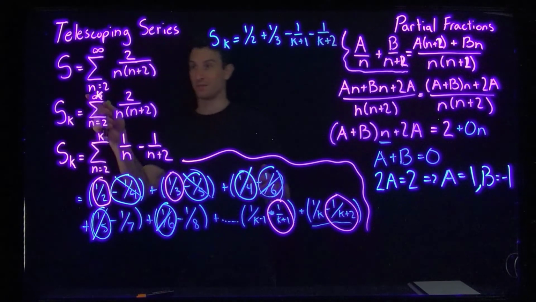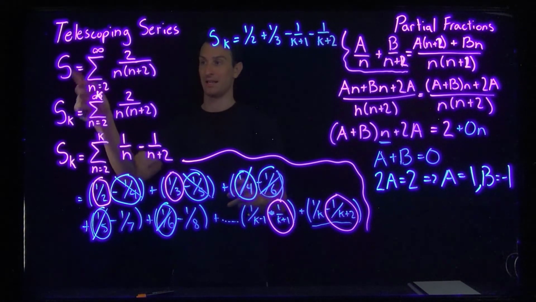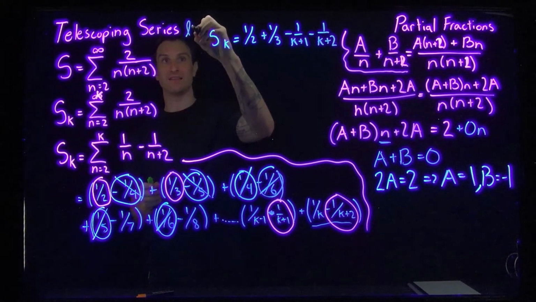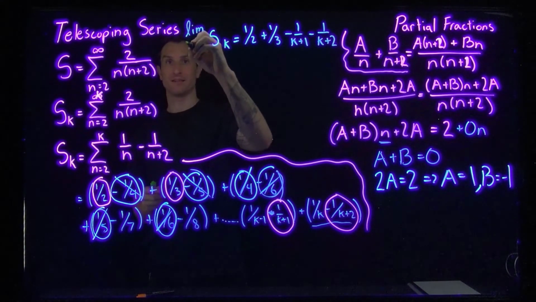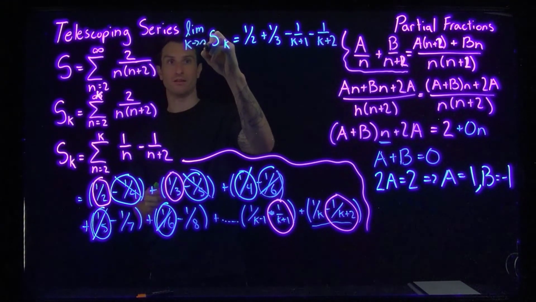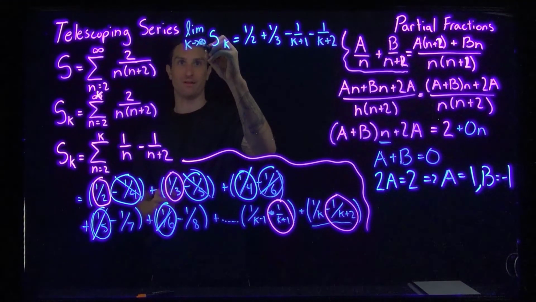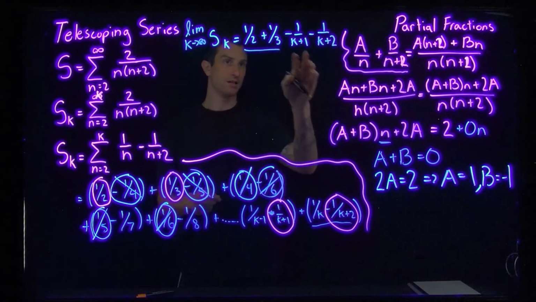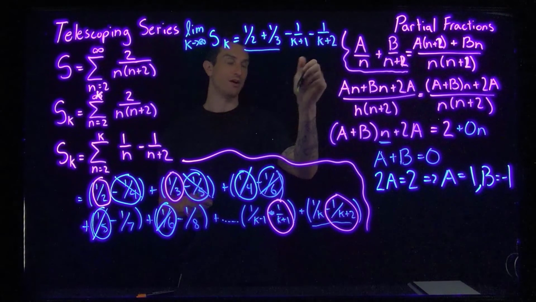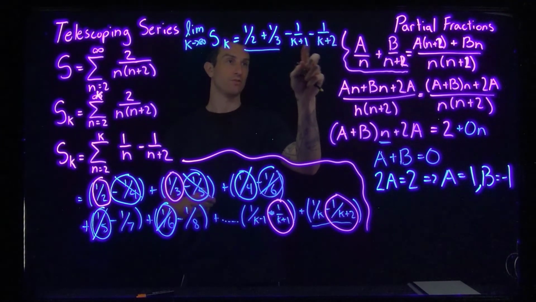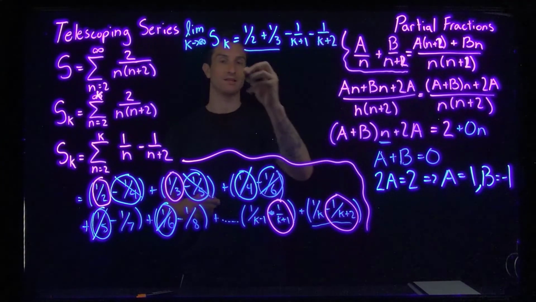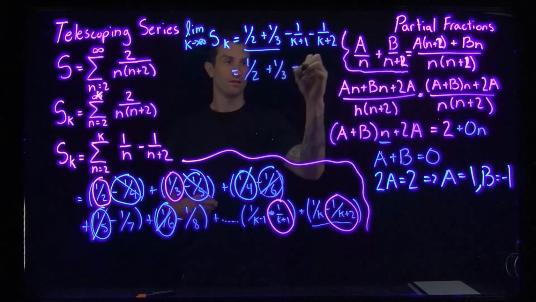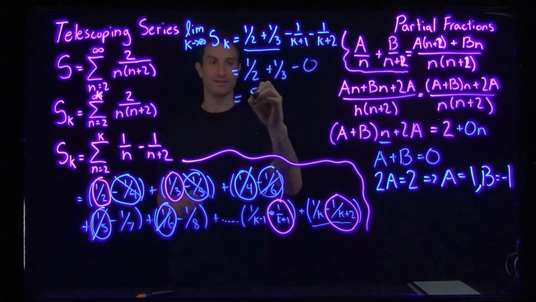Well, remember what I said at the very beginning: we sidestep the infinity by, at the very end, taking the limit as k goes to infinity. These are just actual values. But these numbers over here, 1 over infinity is going to go to 0, 1 over infinity is going to go to 0. So we'll just end up with 5/6.